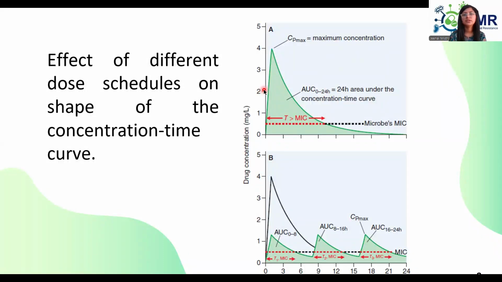In the historical aspect, Harry Eagle performed studies on penicillin and discovered the shape of the concentration-time curve, which is important for the efficacy of penicillin, right? This is an important observation.